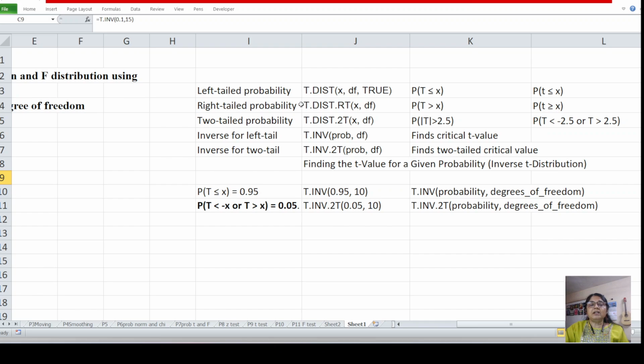For the right tail, it is t dot dist dot rt, again x and degrees of freedom, it will give the right tail. For two-tail probability, it is t dot dist dot 2t, and again we have to give the value of x and degrees of freedom. For inverse left tail, we have to use t dot inv, and for two-tail it is t dot inv dot 2t.